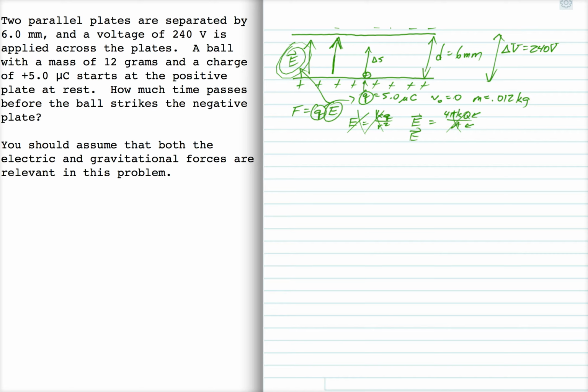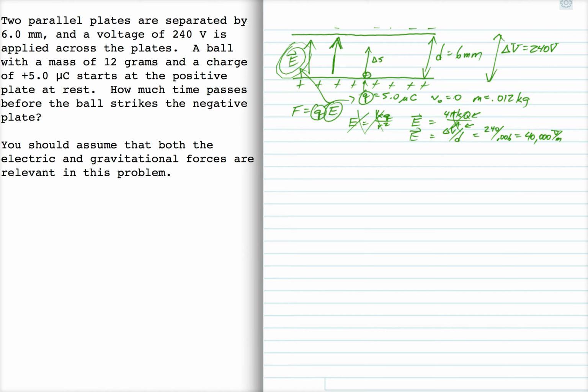But it can also be found with the potential difference divided by that distance, D. So if I take 240 volts divided by 0.006 meters, I get 40,000 volts per meter for my electric field. Okay, it's uniform, it's 40,000 volts per meter.